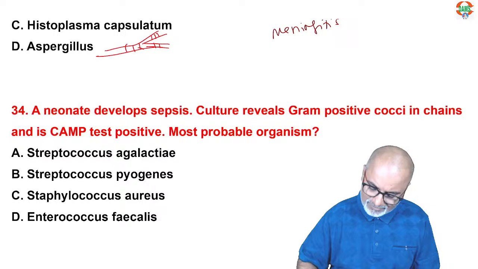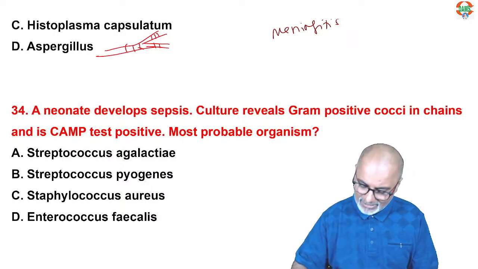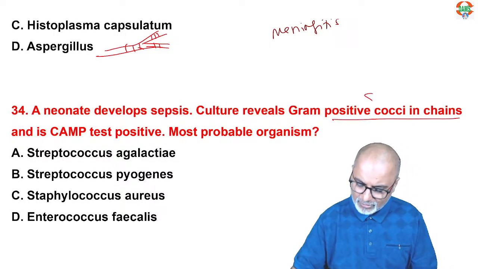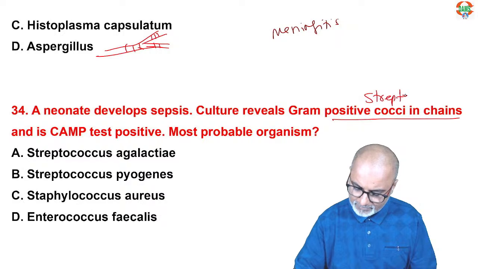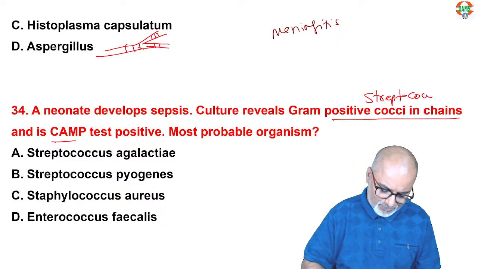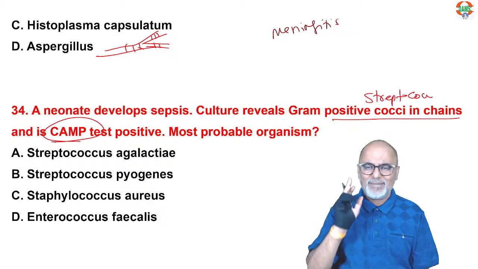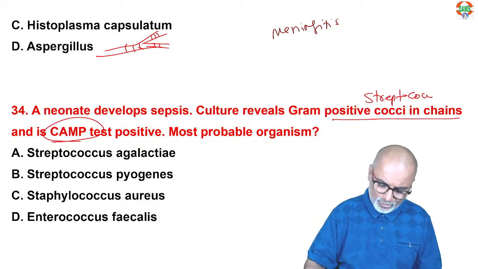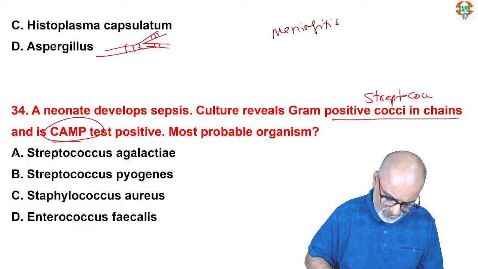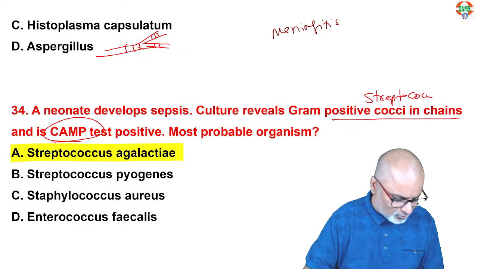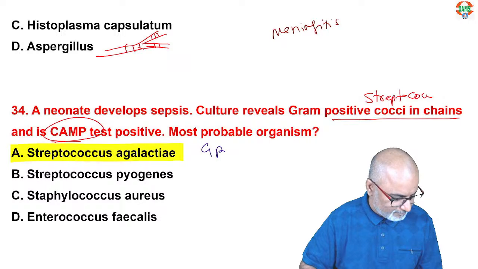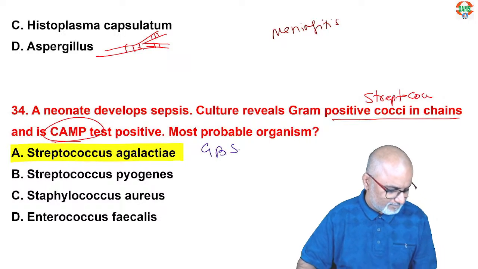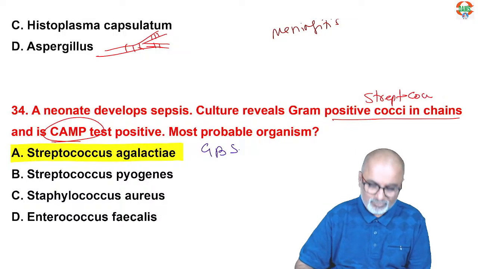Neonate develops sepsis, neonatal sepsis. Gram-positive cocci in chains, Streptococcus, CAMP test positive. Over. Neonatal sepsis is Streptococcus agalactiae, otherwise called Group B Streptococcus.